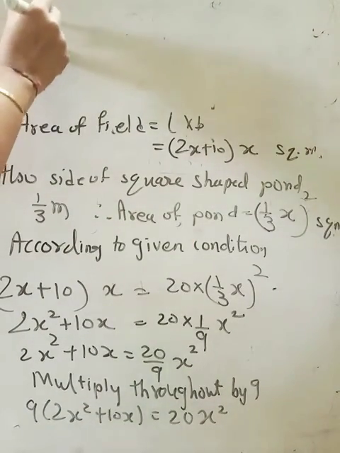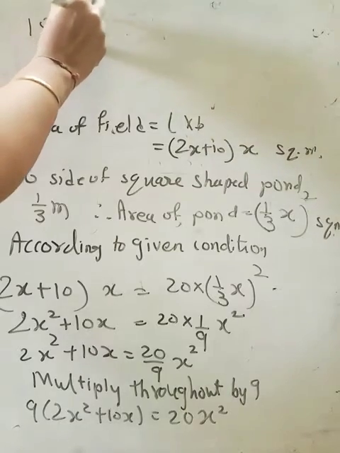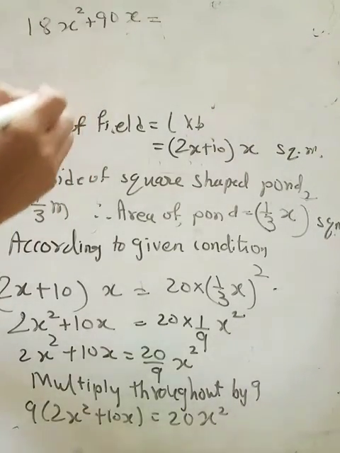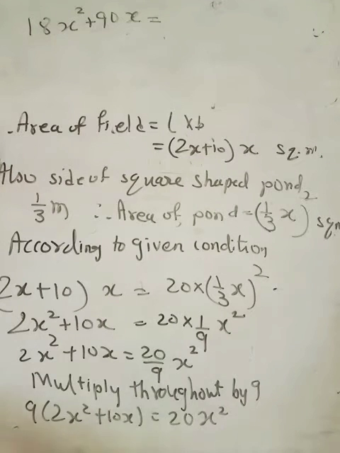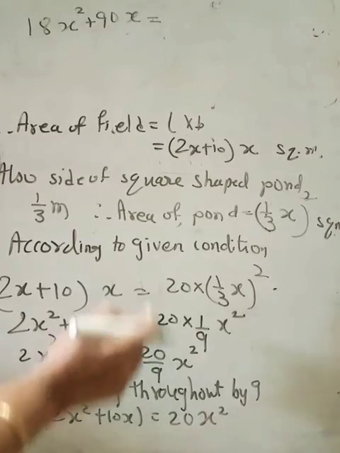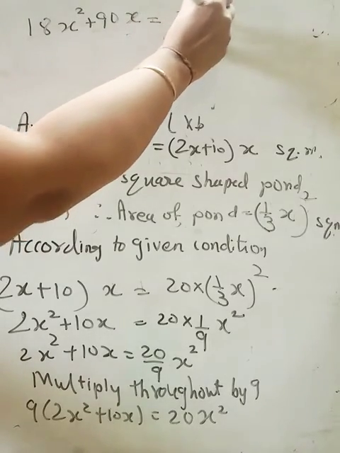So 9 2s are 18, x squared, plus 90x, is equal to, 9 2s are 18 and 10 9s are 90. Here x squared, here x, and then is equal to 20x squared.